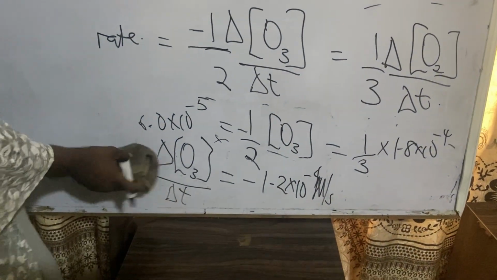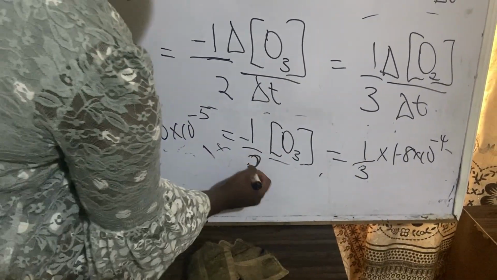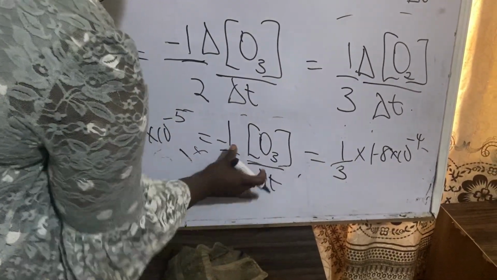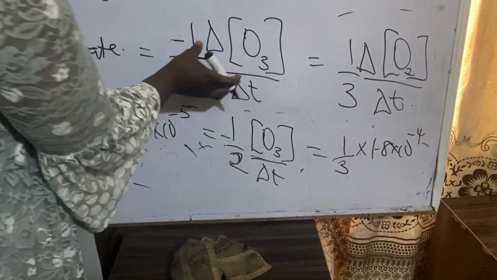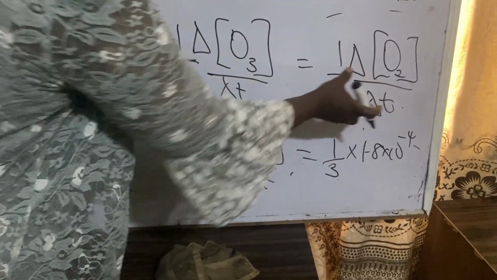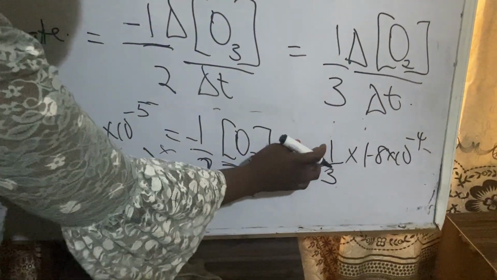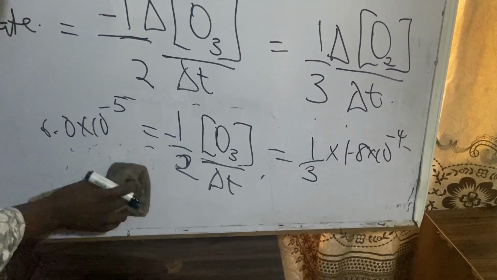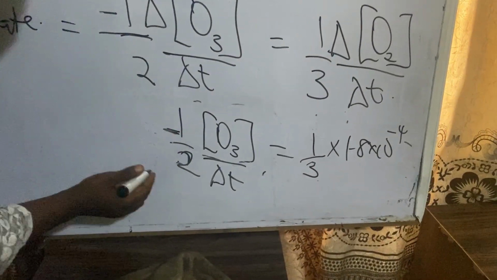It's either you do it this way, or you can also do it by relating this to this. That is, you relate the disappearance of the ozone to the appearance of the oxygen. So it becomes 1 all over 3 and 1 all over 2. Remember that there is minus, we are relating them.